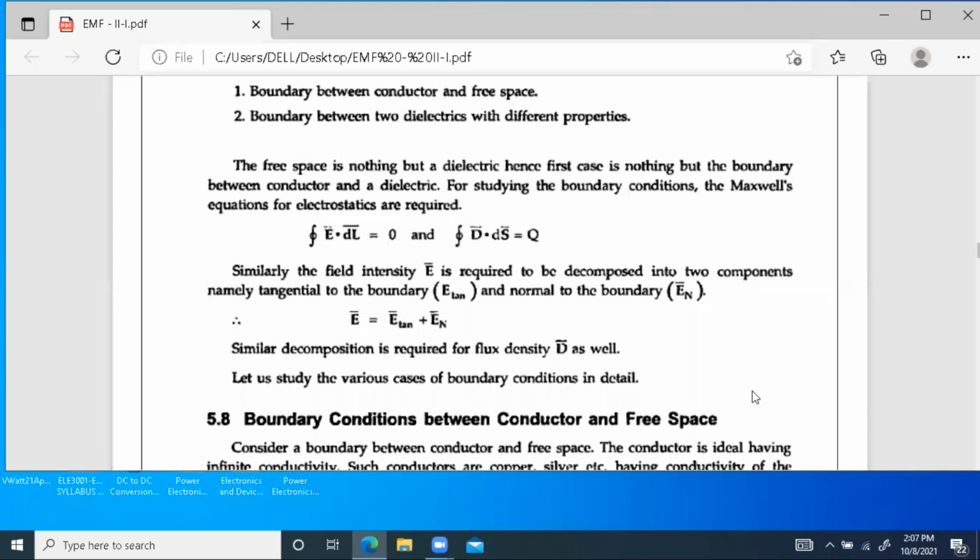Hence, first case is nothing but the boundary between conductor and dielectric. So again, we start with Maxwell equation. The integral of E dot dl equals 0, and the integral of D dot ds is Q.